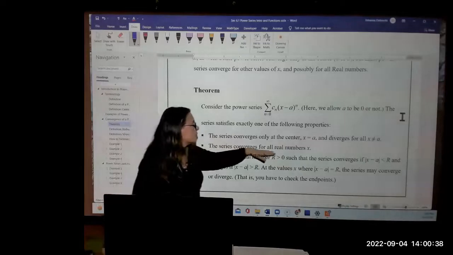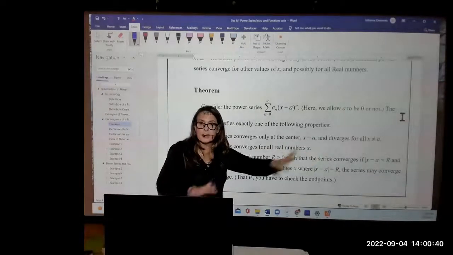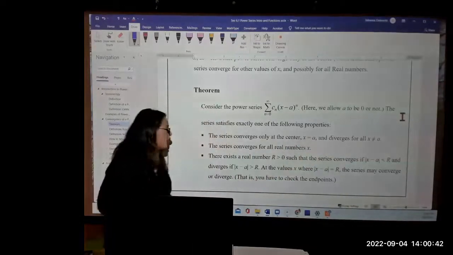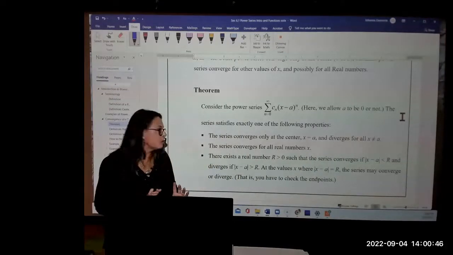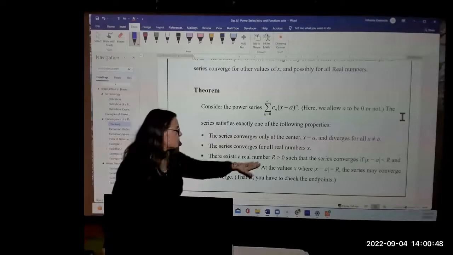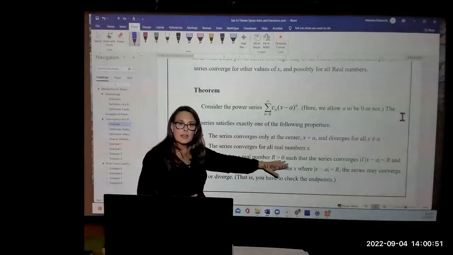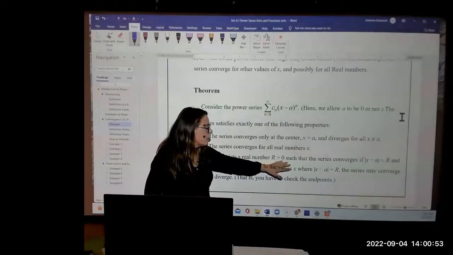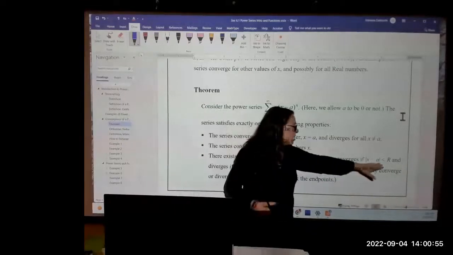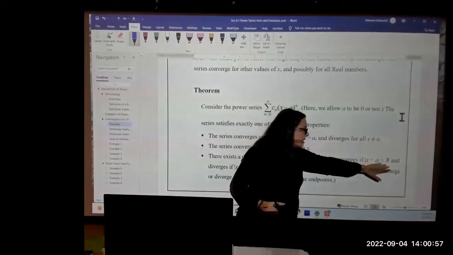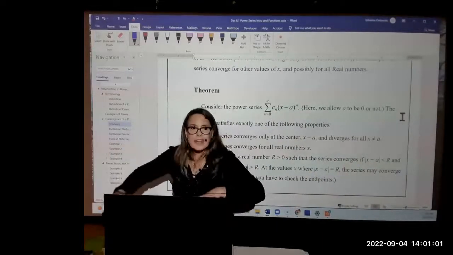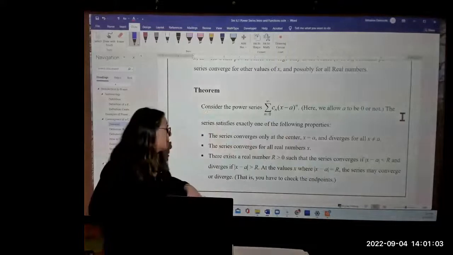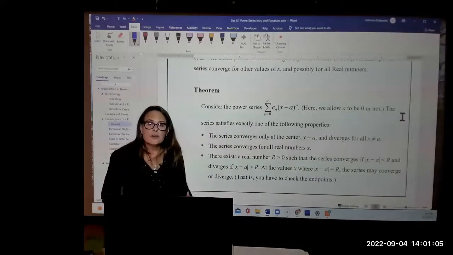The series converges for all real numbers x, so over the entire real number line, or there's some subset of the real number line over which it converges. So there's some real number, uppercase R greater than 0, where as long as the common ratio x minus a is less than R in magnitude, that means it's between negative R and R, then we know it will converge.